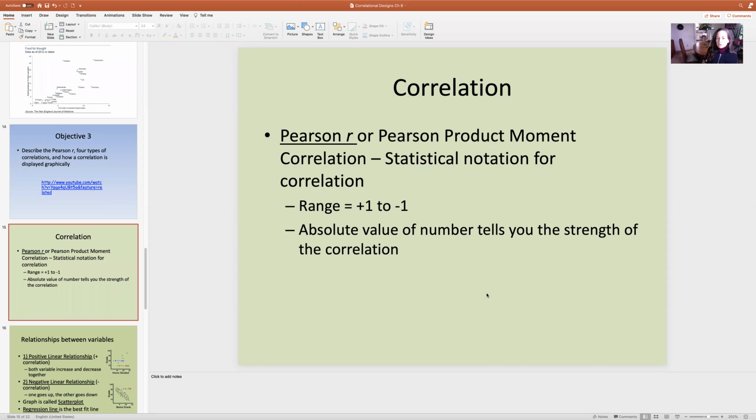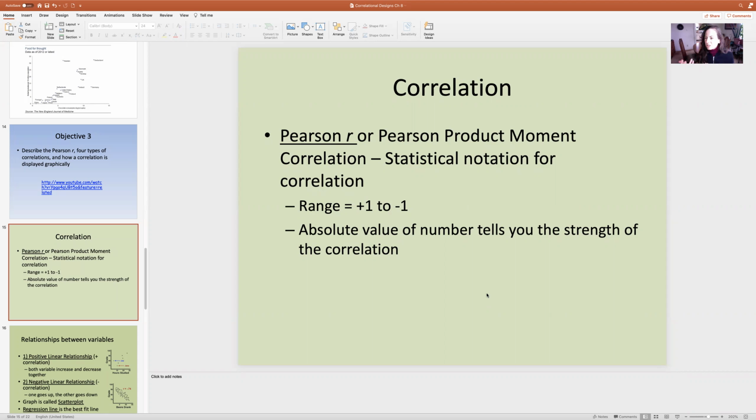So we can compute a correlation from ranges of scores on 2 variables, remember. And so when we compute a correlation, we can get a range from +1 to -1. And if we look at the absolute value of that number, for example, positive 0.6, the absolute value would be 0.6, and -0.6, the absolute value would again be 0.6.